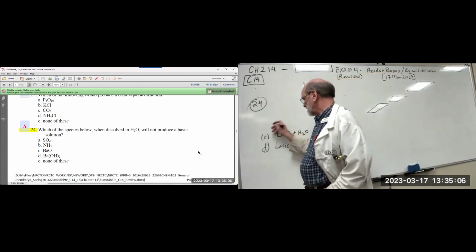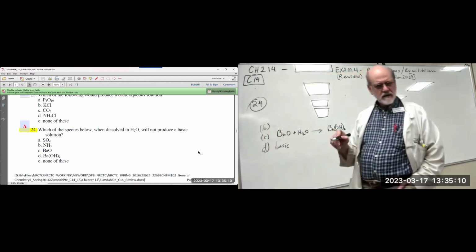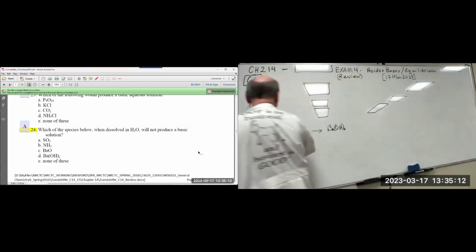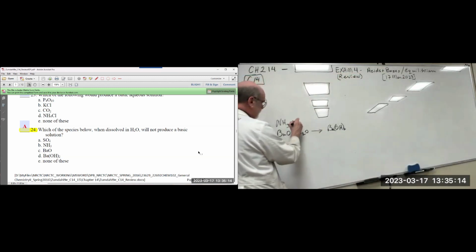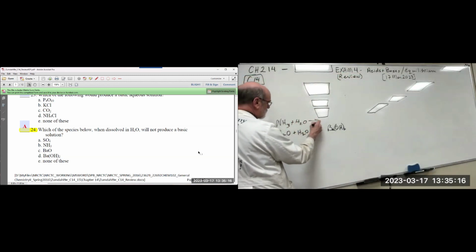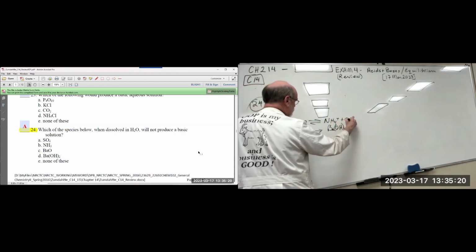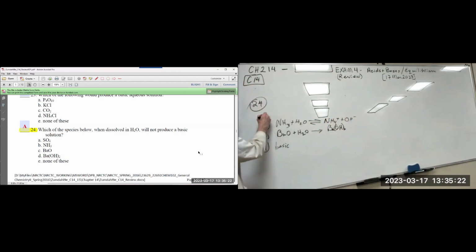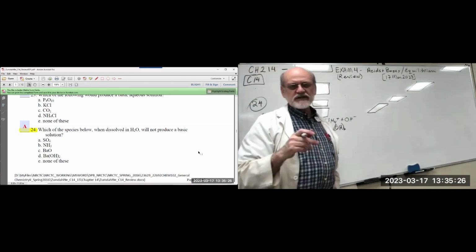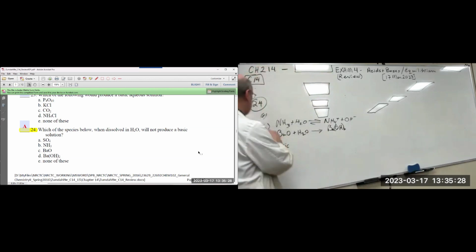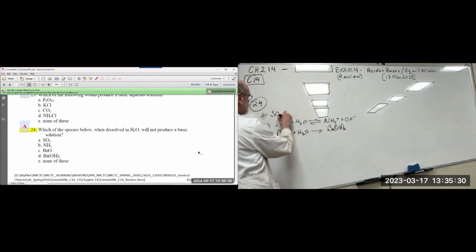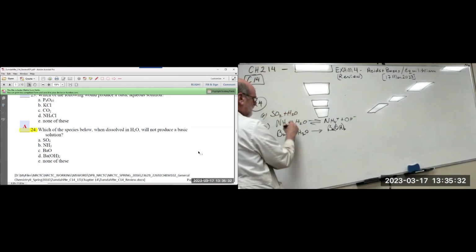How about B? Ammonium. What does ammonium do when we dissolve it in water? Well, it reacts with water and makes the ammonium ion plus hydroxyls. That's basic. So process of elimination, well, it says none of these, so we've got to do SO2. So what does SO2 do when it reacts with water?